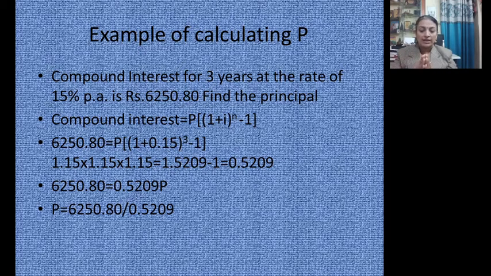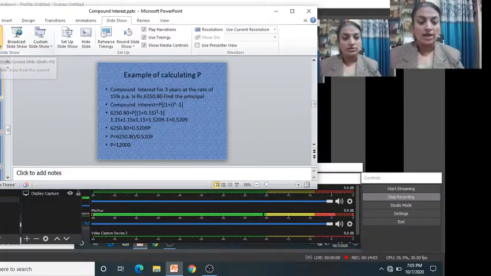So it becomes P is equal to 6250.80 divided by 0.5209. You will get P as 12,000. This is a new formula. Make use of it. Solve some more problems of calculating the P with the help of compound interest so that you can appreciate and understand it.